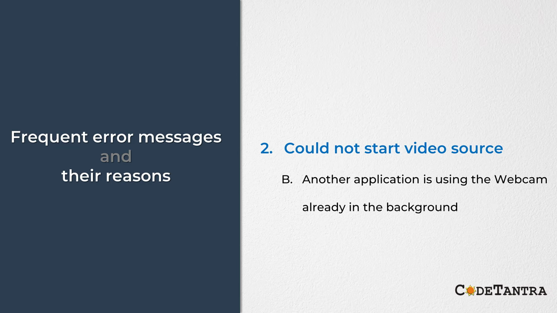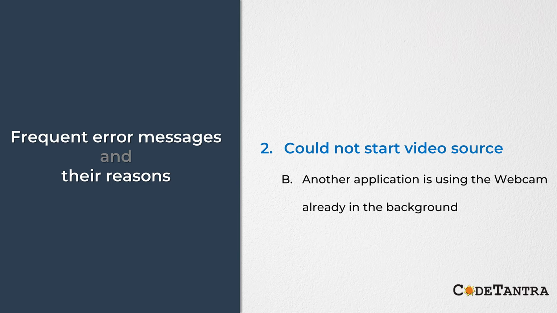The same message, which is could not start video source, can also be caused if there is another application running in your PC in the background and that is using your web camera already. One such application is Zoom client, another one is Skype, or let us say for that matter even the camera app of Windows 10.